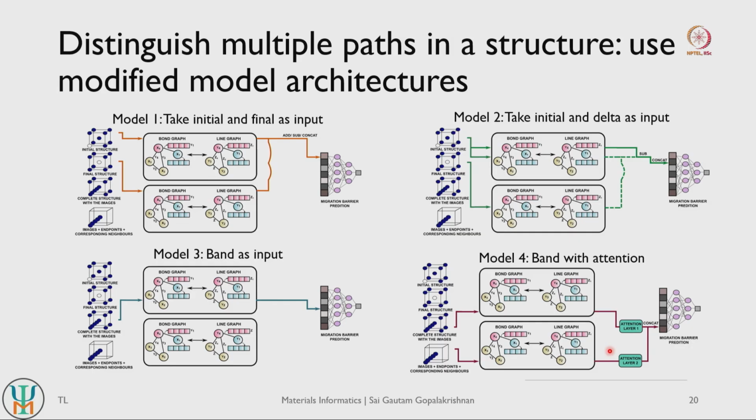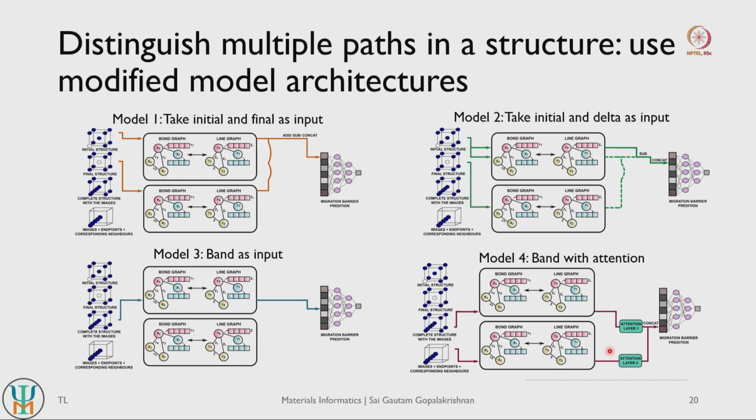So in the case of large language models such as ChatGPT and so on, these attention based blocks or pooling blocks are basically used to obtain context of a given word in a sentence. So how important a word is in a given sentence, how related a word is to its adjacent words in a sentence, right. Similarly, if you introduce attention blocks within material structures, the idea is to try and obtain some amount of information on how important a given atom is in influencing the migration barrier as the moving atom is actually moving, right.